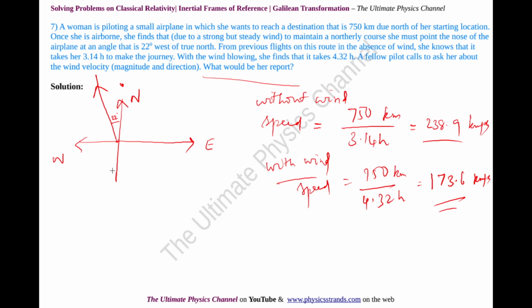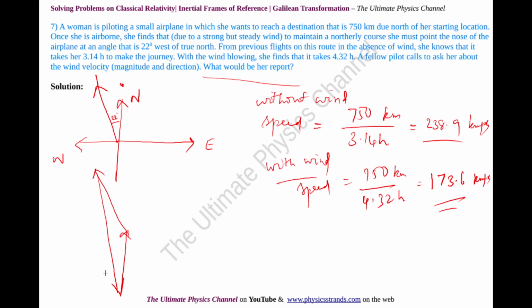Now here you can see these are the two vectors. The one is the actual, desired direction, the other one is the direction taken. So the wind has to be blowing as a vector sum of these two vectors. Therefore we can straight away say that if I keep these two vectors, I know that the wind is going to blow something like this.